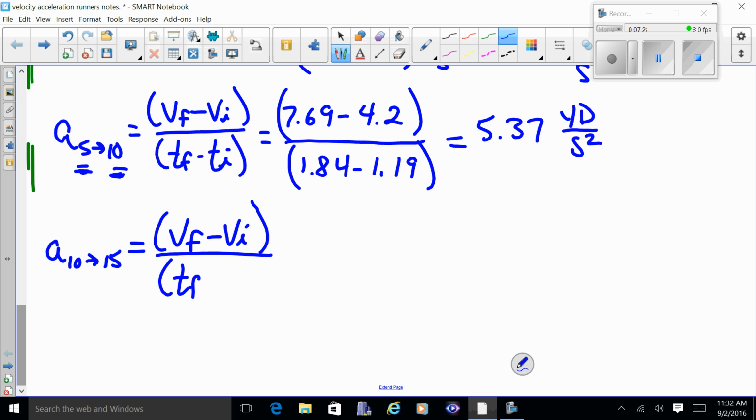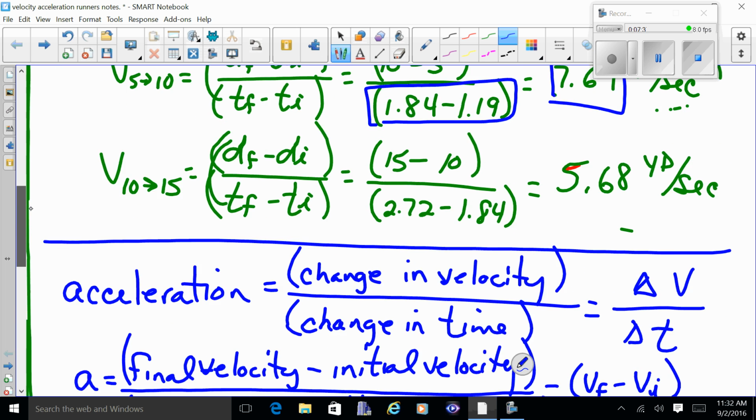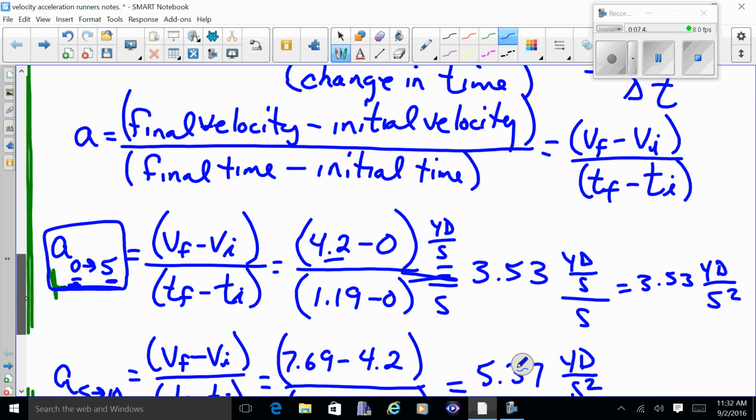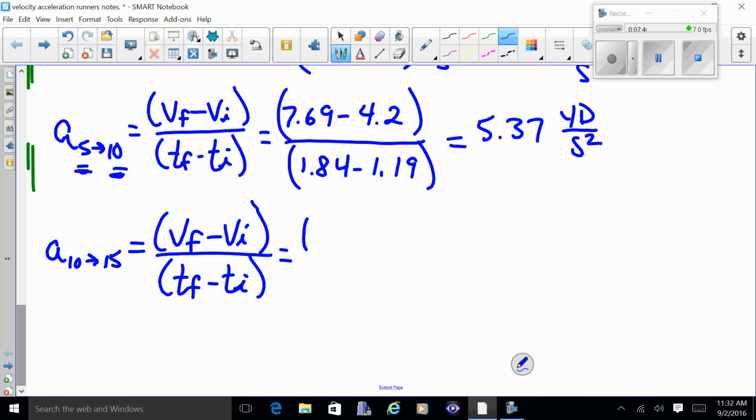Well, I need my velocity at the 15-yard line. So I'm going to come back up here to the green. My velocity at the 15-yard line was only 5.68. So I'm going to bring that down. 5.68. My velocity at the 10 was this 7.69 we got from above there.